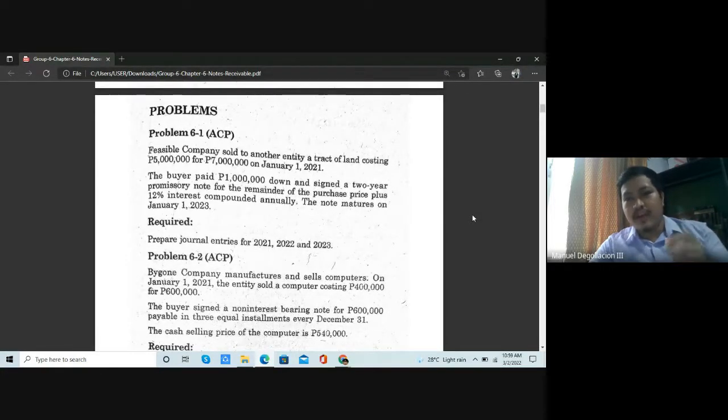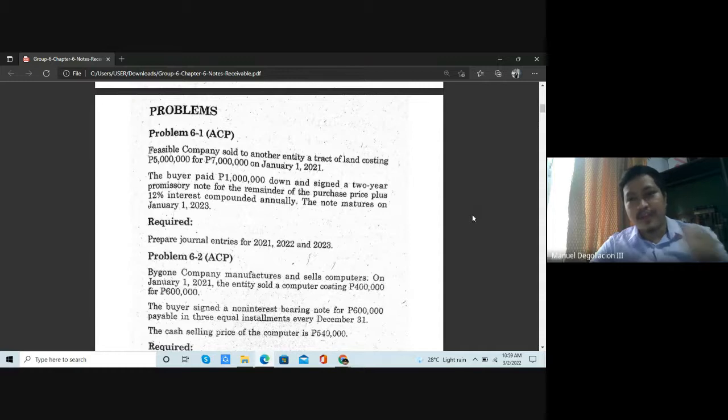We reconcile that by assuming that everything that we will collect from the customer will already include the interest. So the amount stated in the note already includes the interest, and it is now our task to split the value in the note between the principal and the interest.